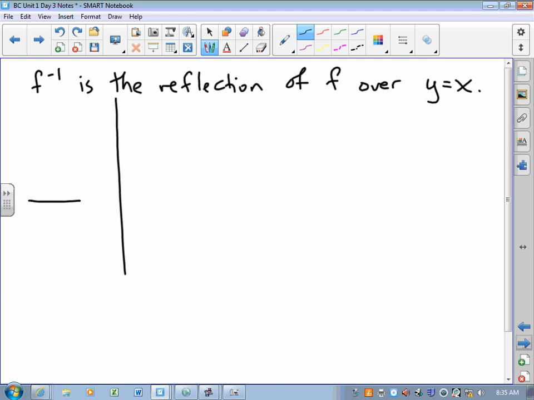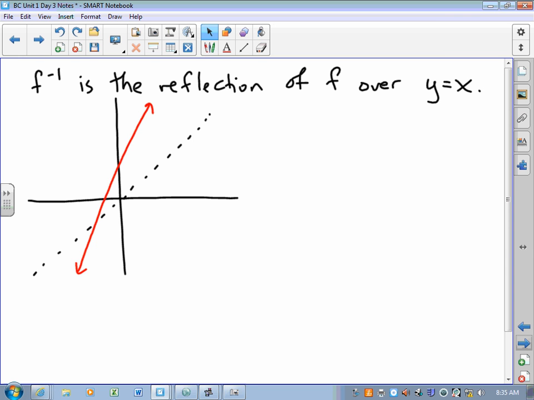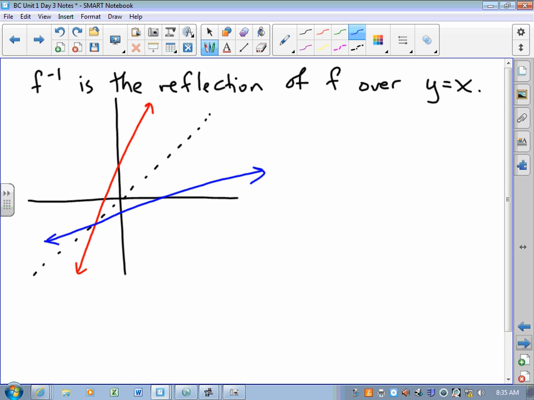So if I have some function, I've got to make it one-to-one somehow. So I'll do this. That is a one-to-one function. If I draw in y equals x, then the inverse function is the reflection of that over y equals x.